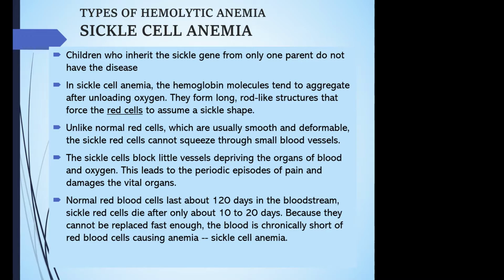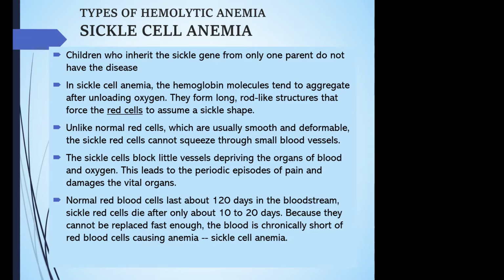The sickle cells block little vessels, depriving the organs of blood and oxygen. This leads to periodic episodes of pain and damage to vital organs, because there will be lack of oxygen, and blood also carries nutrients, so there will be deprivation of both. So we will feel pain and damage to the vital organs.